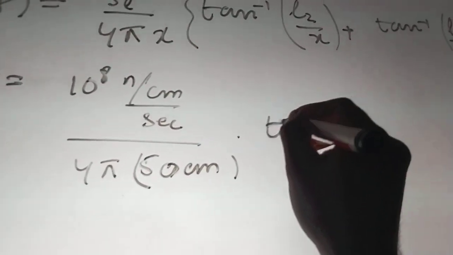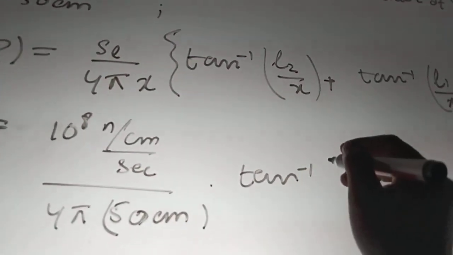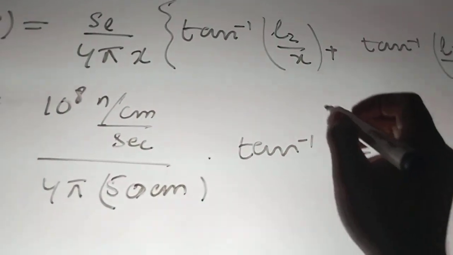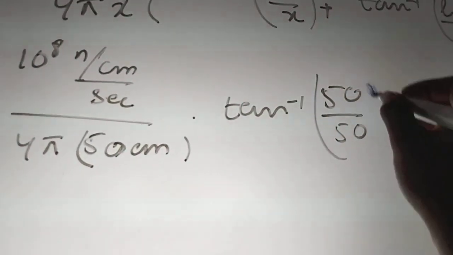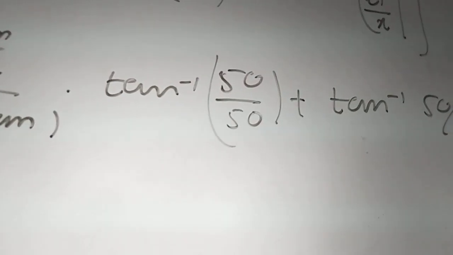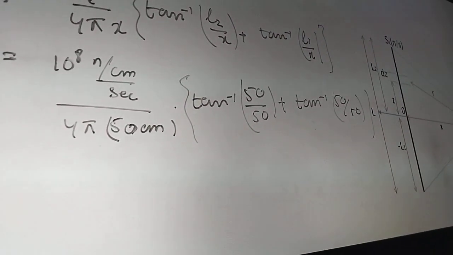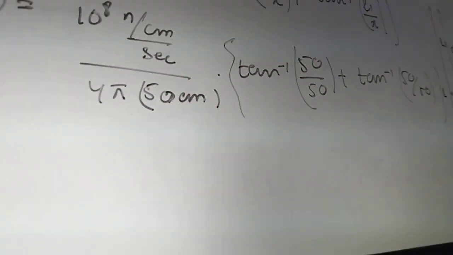Okay, tan inverse L2, which is half of 100, so it is 50. Distance x is also given, that is again 50, plus tan inverse again 50 by 50. These 50s cancel out and we are left with tan inverse 1.